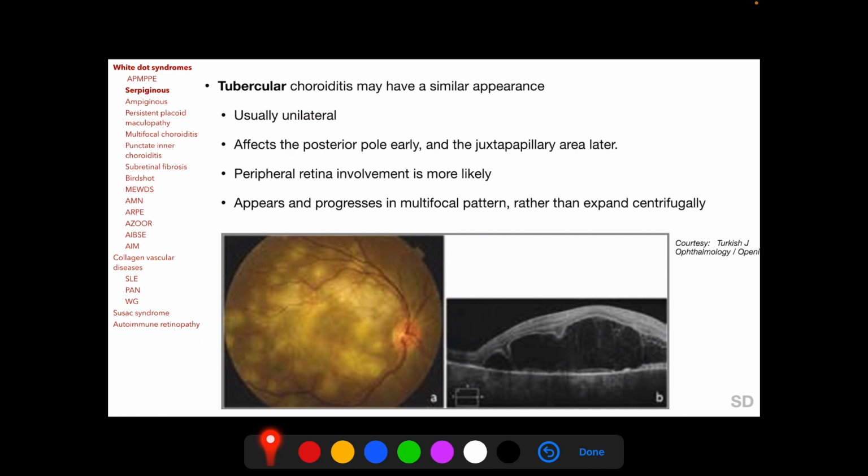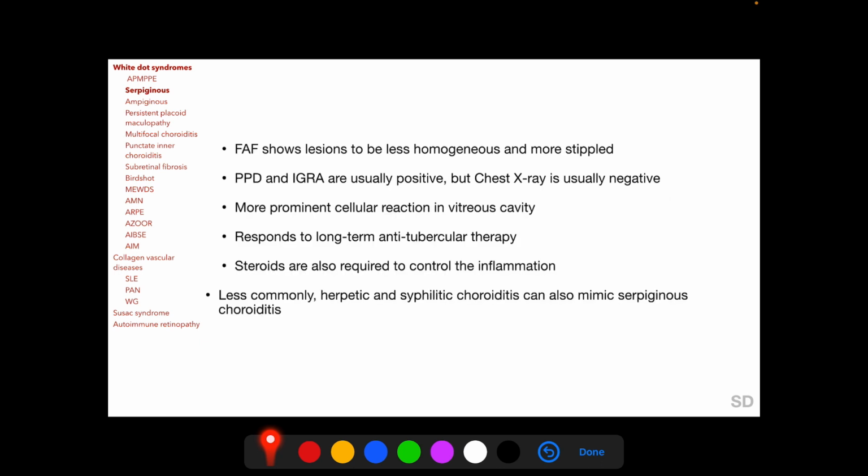around optic disc later. Peripheral retinal involvement is also more likely as compared to serpiginous choroiditis, and tuberculous choroiditis appears and progresses in a multifocal pattern rather than expanding centrifugally like serpiginous choroiditis. In tubercular choroiditis, fundus autofluorescence shows lesions to be less homogeneous and more stippled.